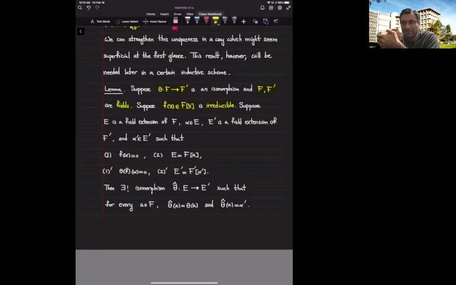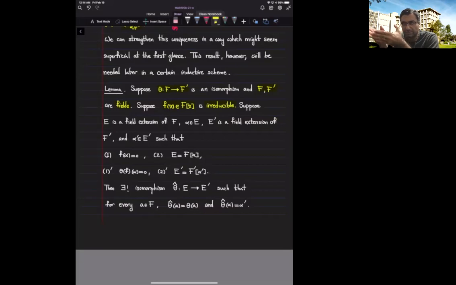So now when I give you a polynomial with coefficients inside F, I can change the decorations and think about it as a polynomial inside F prime. This change of decoration I still denote by theta. So theta of f is the polynomial with coefficients inside F prime after applying theta to each one of the coefficients of the polynomial f.